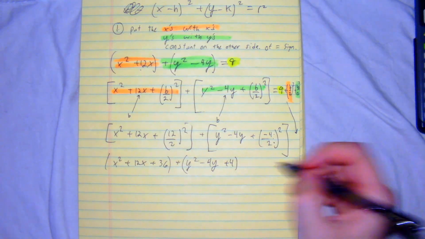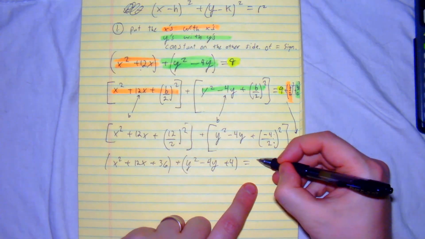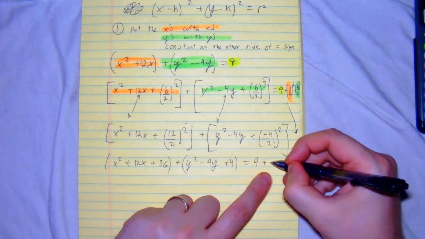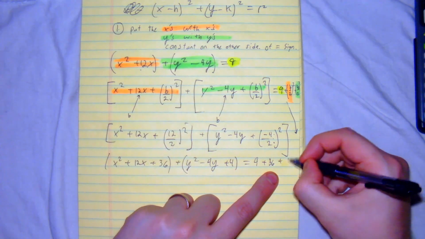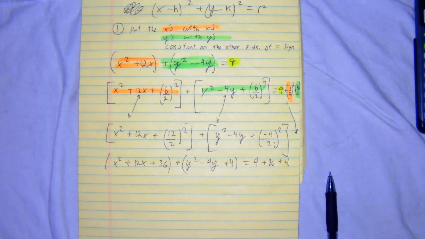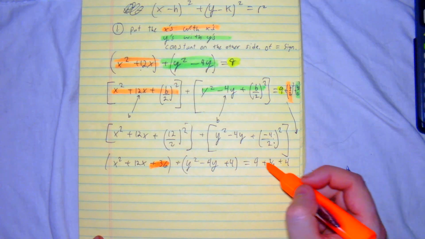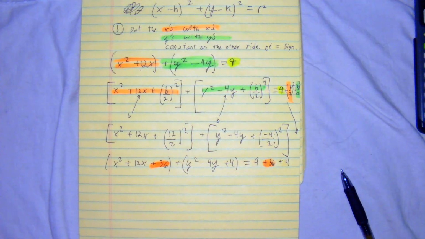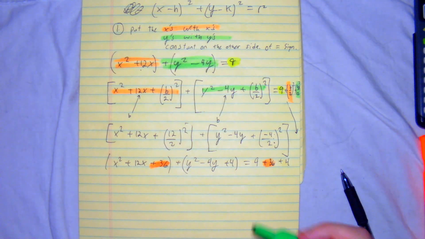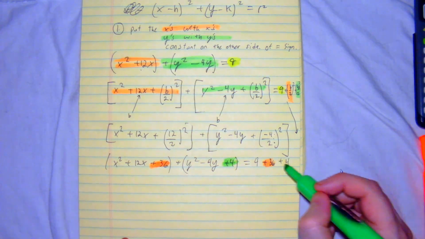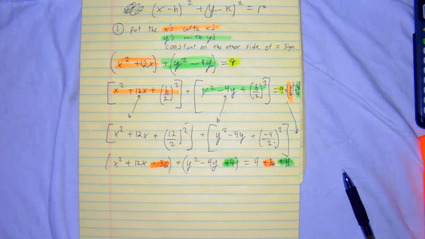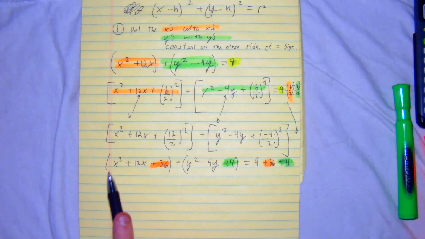Plus 4 equals 9 plus 36 plus 4. Again, we added 36 to one side, so we have to do the other. And again, we add this 4, we do it right there.